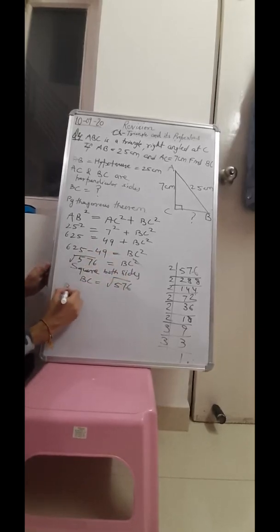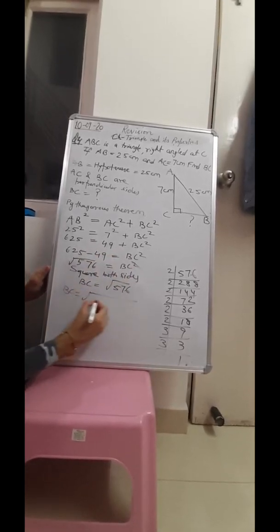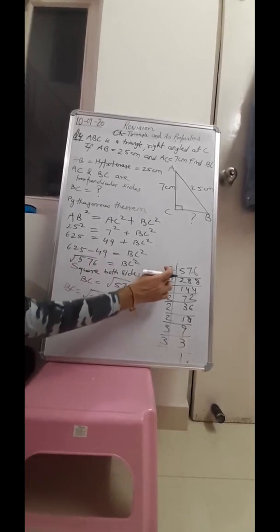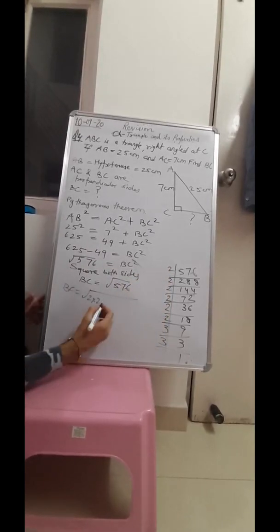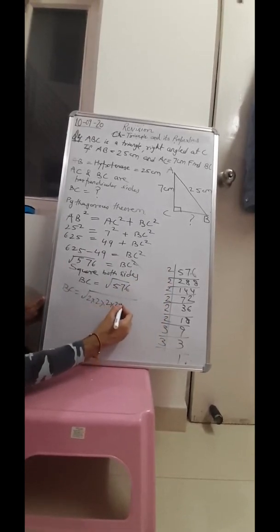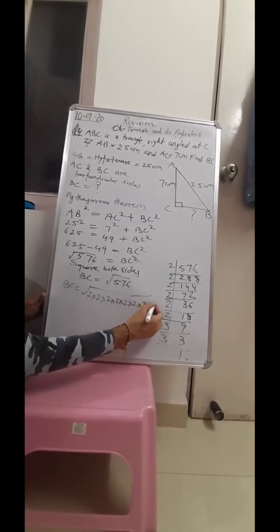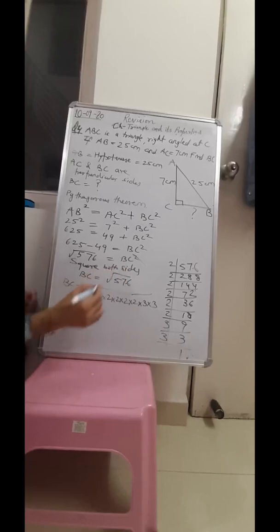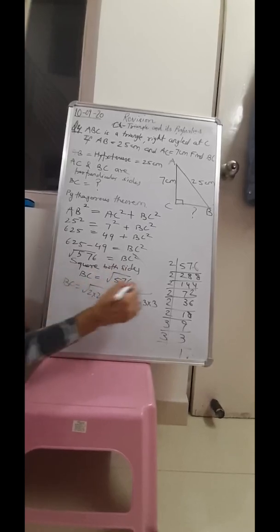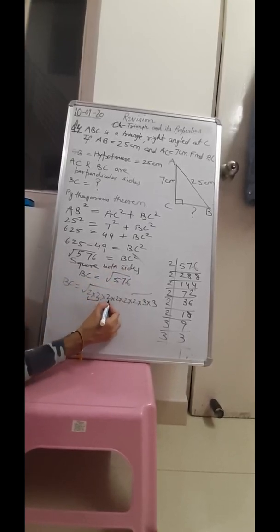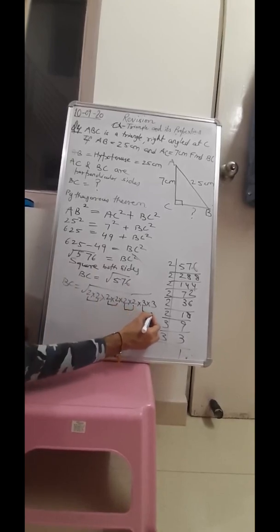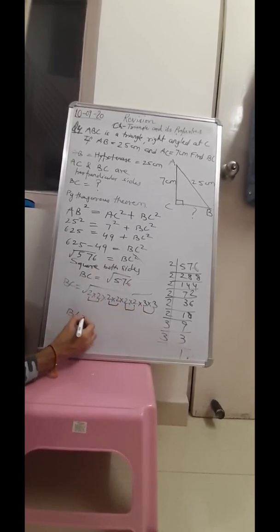Now BC equals under root of 2 into 2 into 2 into 2 into 2 into 2 into 3 into 3. So now to remove the roots, we are going to take pairs.